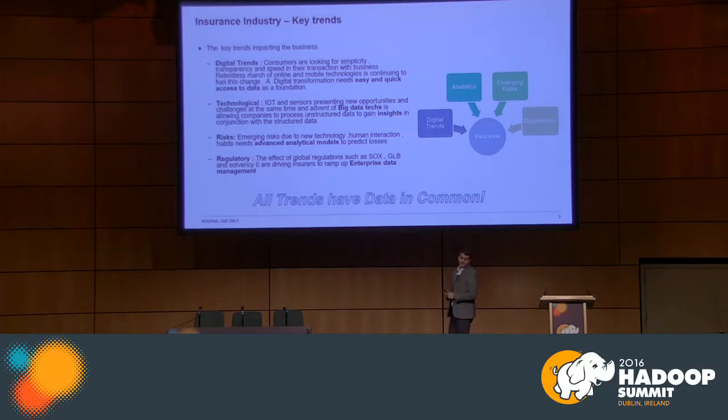Quick access to data, access to data at all speeds and at a low cost, is really important for digital programs. We also see, with the advent of IoT sensors and the Internet of Things, a lot of new business opportunities for insurance, like telematics, not only auto telematics, but also building telematics, smart buildings, and understanding and stopping a peril before it happens, thereby reducing some of the claims.